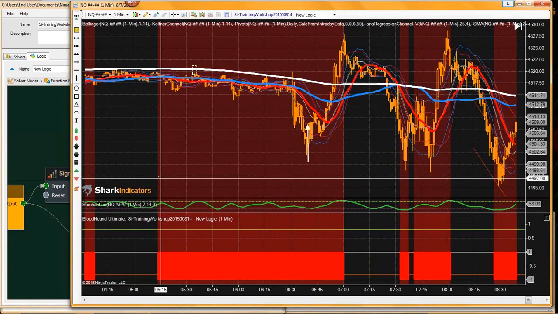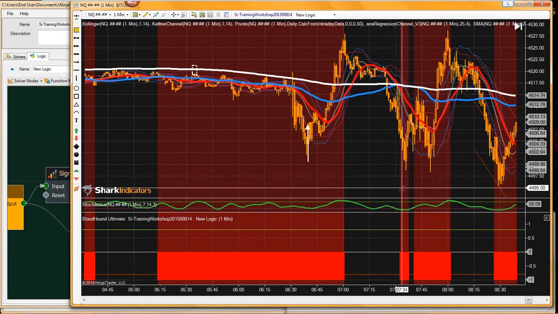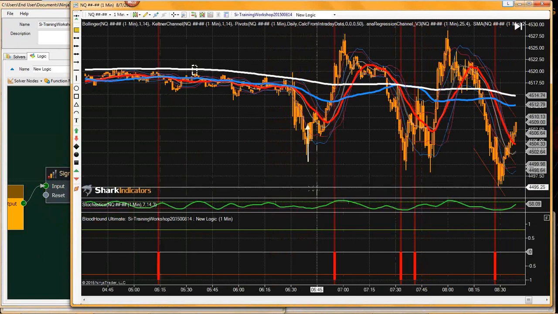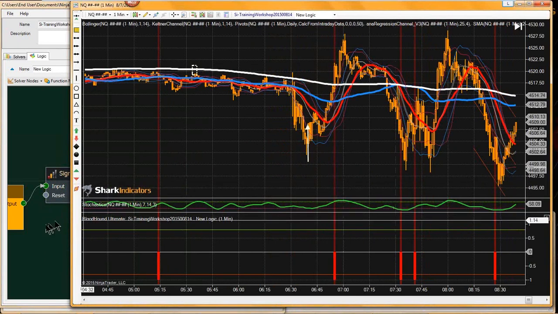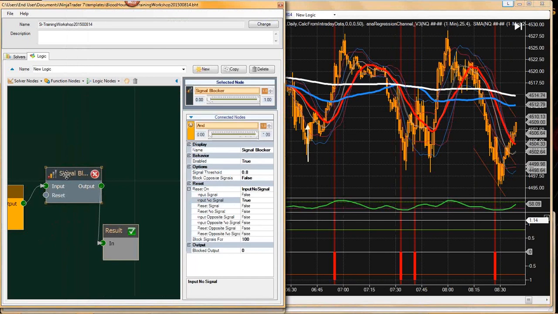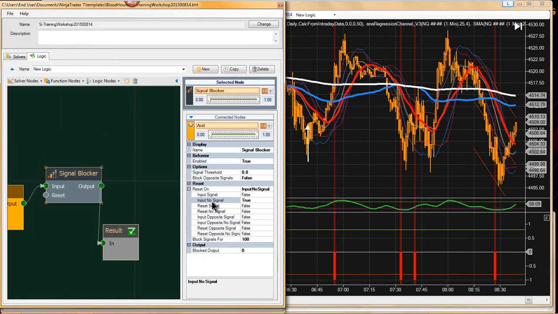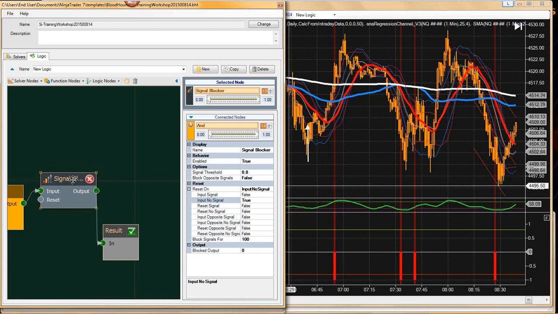Yeah, so we got a bunch of signals turning on, turning off, turn on for a little bit, turn off, and I'd say that matches with here. So using the signal blocker is how you get the first bar with the signal. And in this case, we want to reset the signal blocker when there's no signal. All right, so this is the entry.